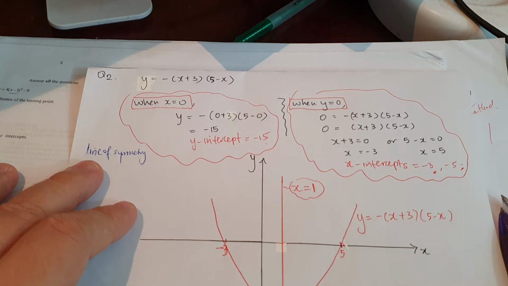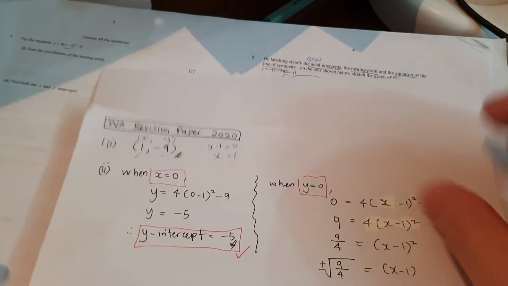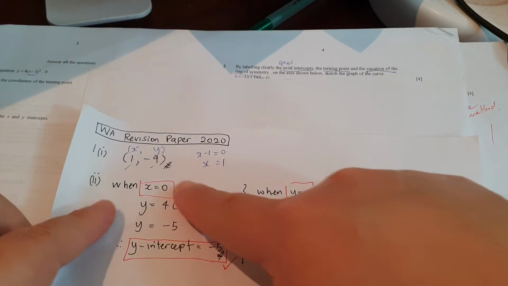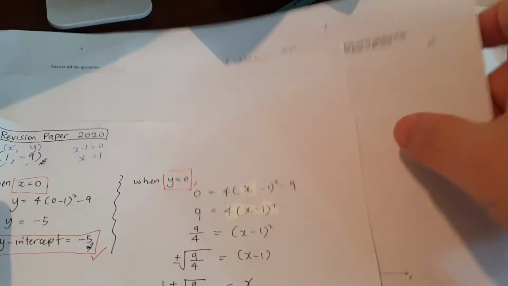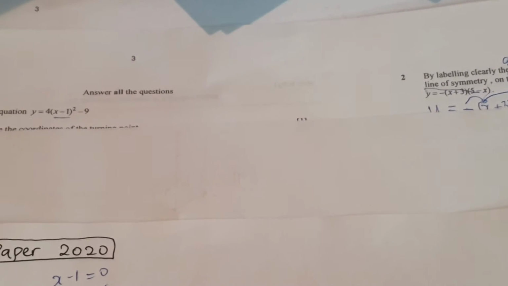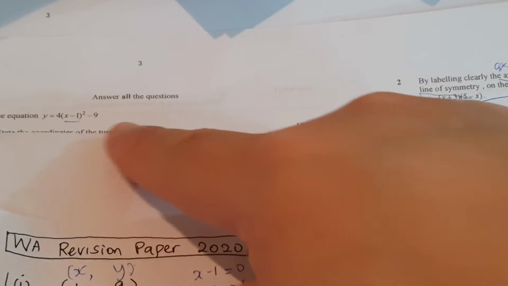If you are given question number 1 like this, and I ask you what is the equation of the line of symmetry, the answer is just x equals 1. So it's very simple.